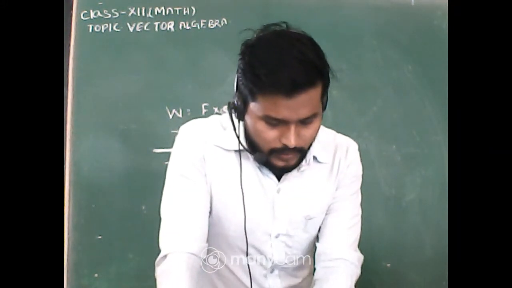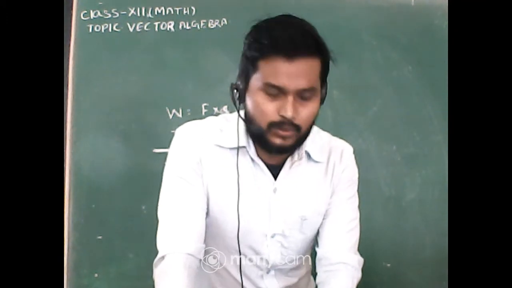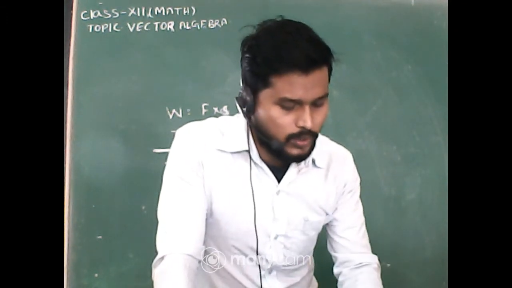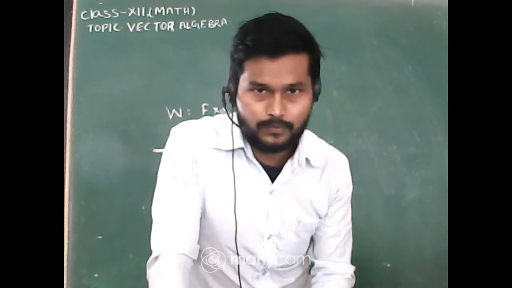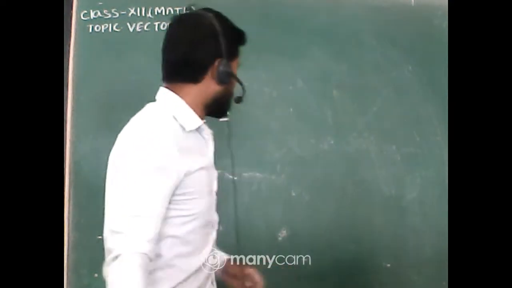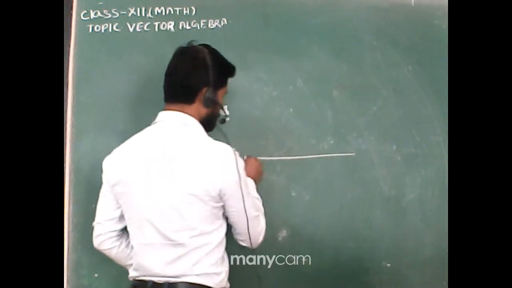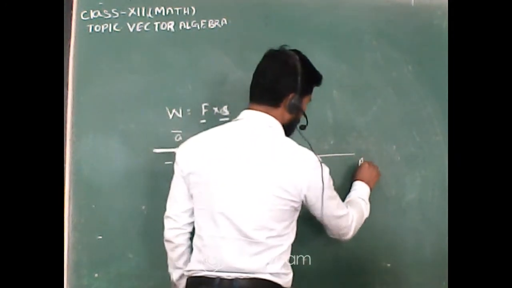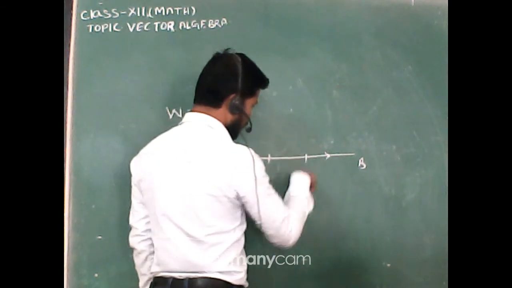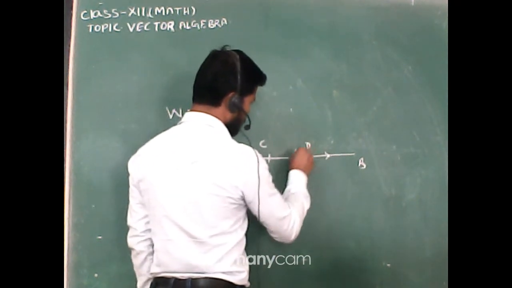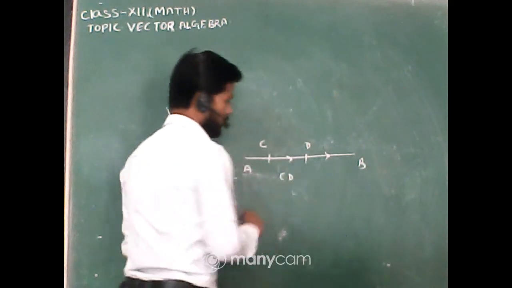Next, two collinear vectors are always of equal magnitude. Is it true? It may not be. Let us consider a line AB, so AB is a vector. Let us consider two other points C and D. CD is another vector.